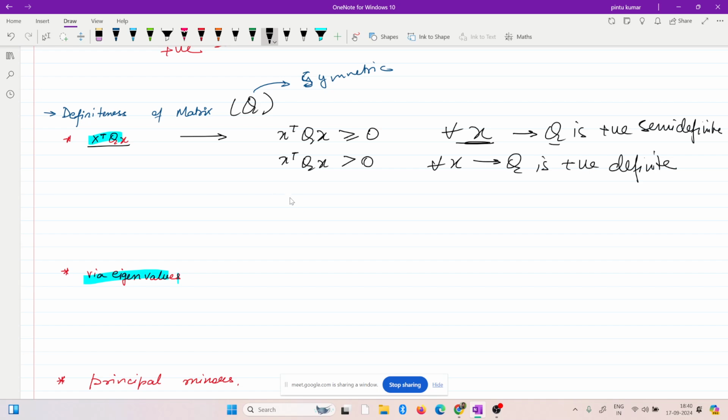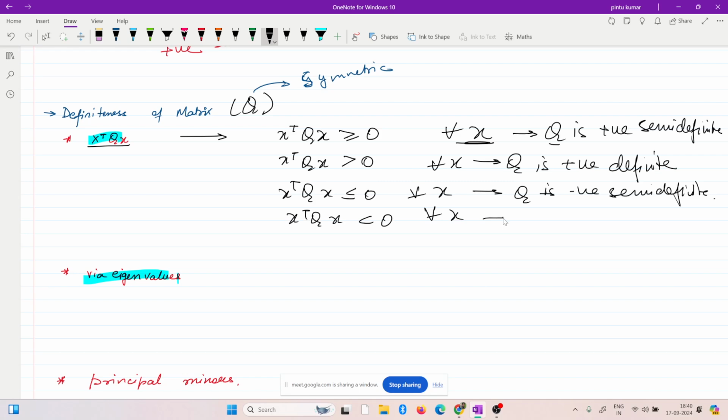Okay. And now you might have got the pattern. If it is less than or equal to 0 for all x, then it is negative semi-definite. And if this thing is strictly less than 0 for all x, then Q is negative definite.